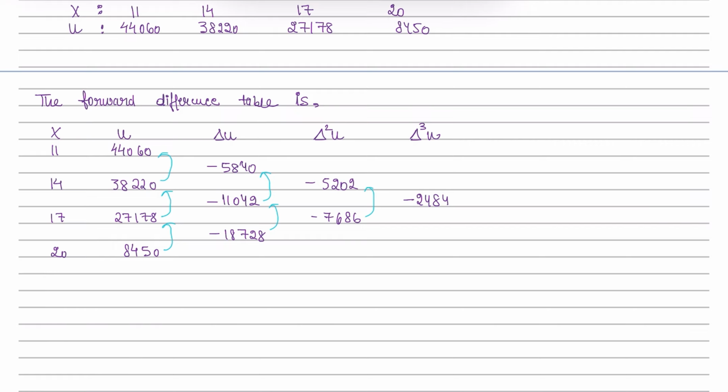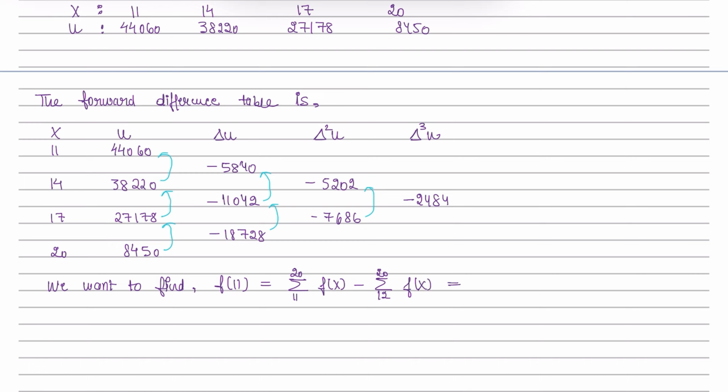So this is my forward difference table till now, and in the question we have to find f of 11, which is equal to summation of 11 running to 20 f of x minus summation running from 12 to 20 f of x.